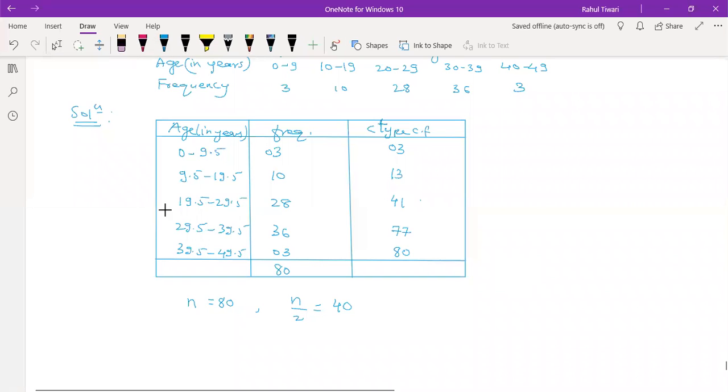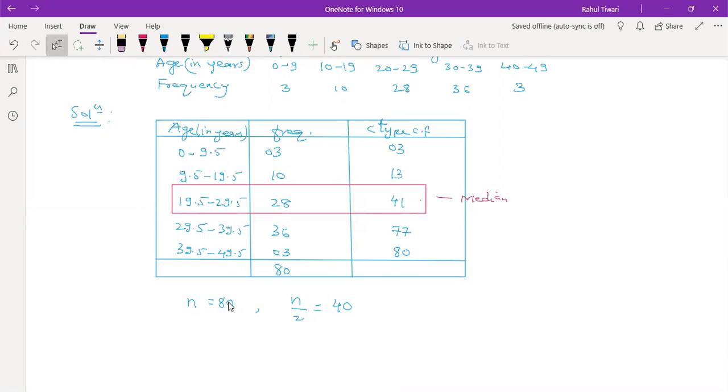So 40 first occurs in this interval, therefore the median class is 19.5 to 29.5.